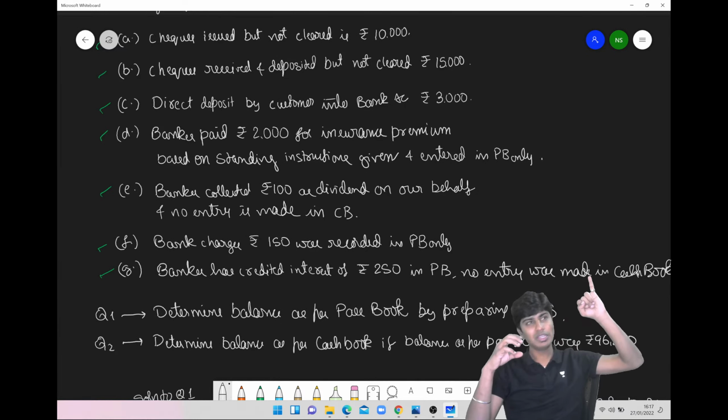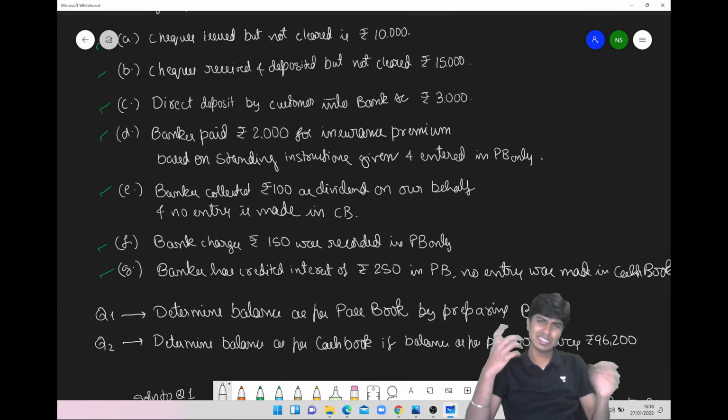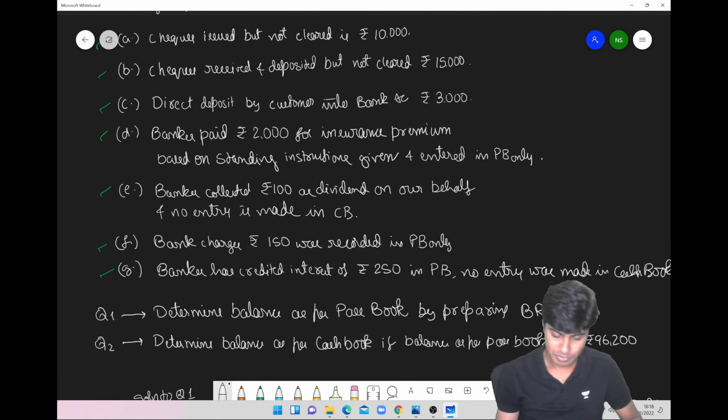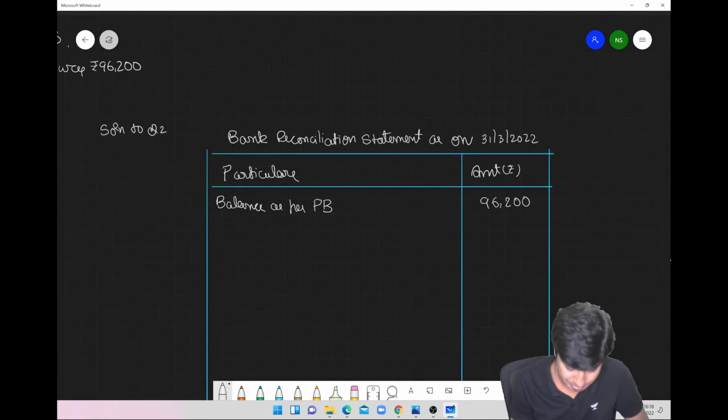In order to see the difference, either you would have to bring it down or you would have to bring it up. What's in your control? We're making changes in passbook only. So the balance as per passbook has to be decreased. How do we decrease balance as per passbook? By deducting the same. So I'll write less. The first adjustment is a less item.